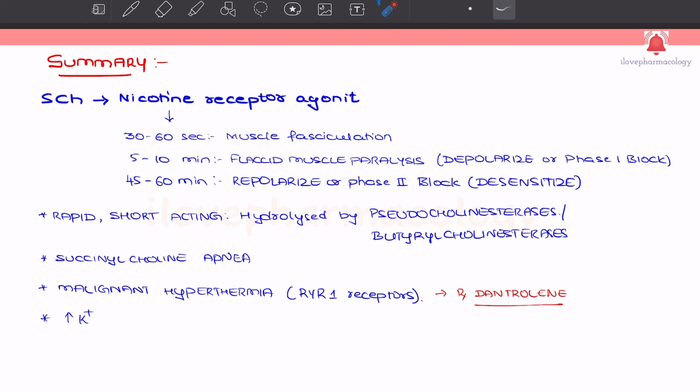One more important side effect of succinylcholine is malignant hyperthermia, which is mainly due to the mutation in the RYR, that is ryanodine receptors, and the drug of choice will be dantrolene. Also you should remember succinylcholine can increase potassium levels, hyperkalemia, which can predispose to arrhythmia. So you should be very careful. It can be treated with lignocaine.